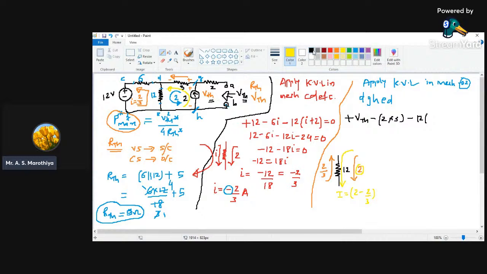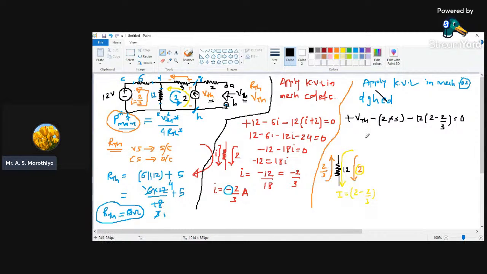So if you apply that logic, I can write here 12 negative. That means we are moving in the direction of current, hence we are going to experience a voltage drop. So it is going to be minus 12, then the resultant current, 2 minus 2 by 3, and this we need to equate to 0.